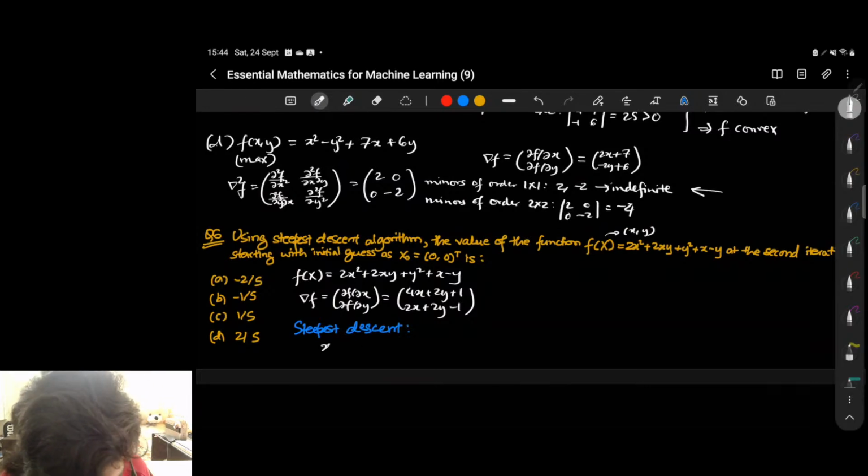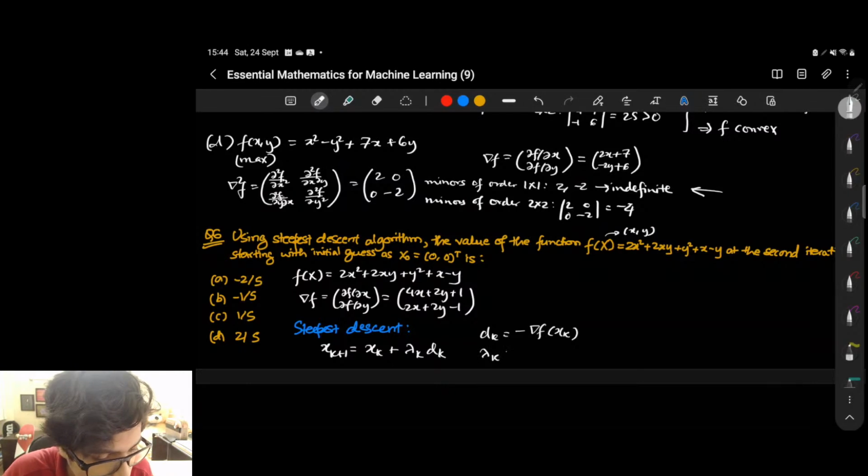You have x(k+1) is xk plus lambda k dk, where dk is the negative of the gradient of f at xk, and lambda k is found by minimizing f of xk plus lambda k dk over lambda k.